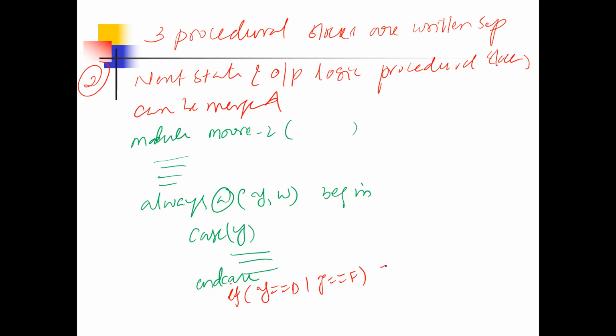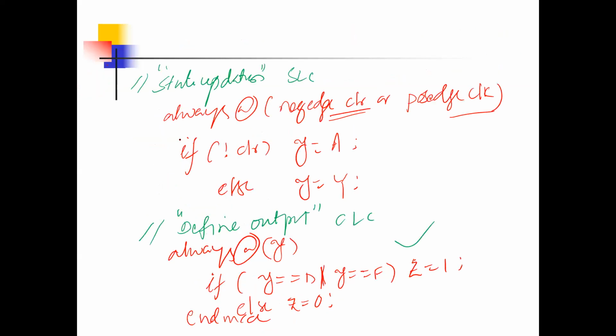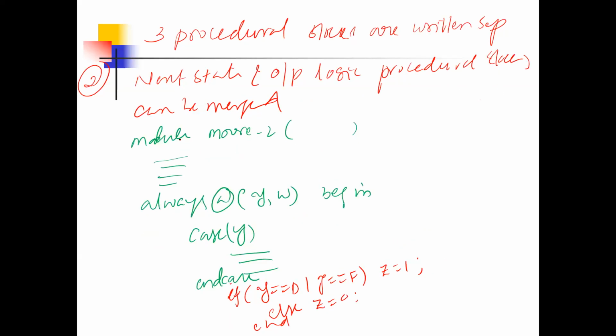Then z = 1, otherwise, that means else, z = 0. Then you can make it end. So these two are merged. Only the main state updation block is there, and this can be written outside of this block.